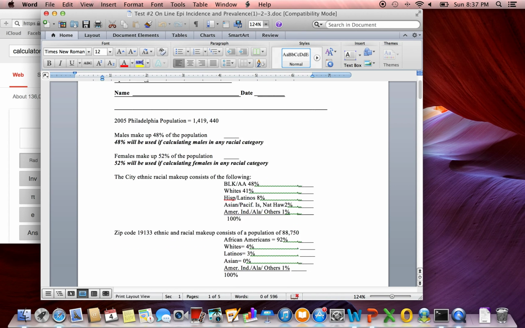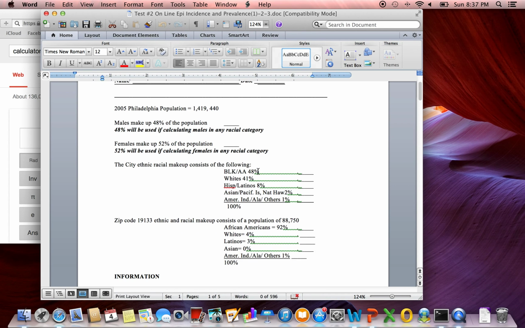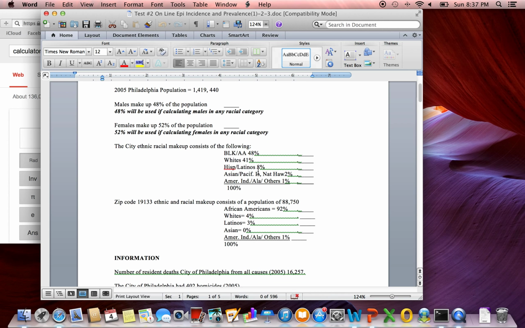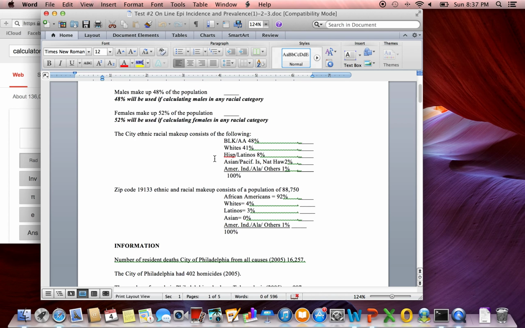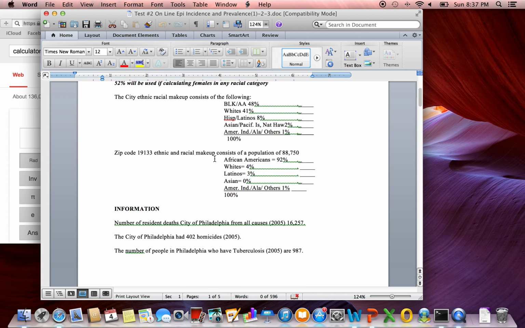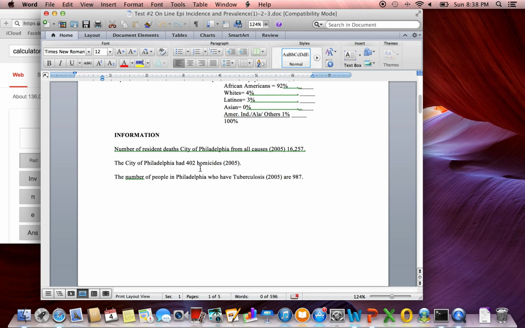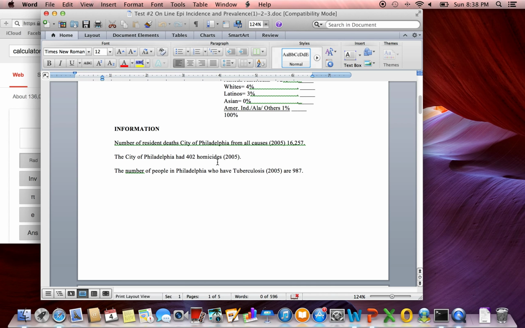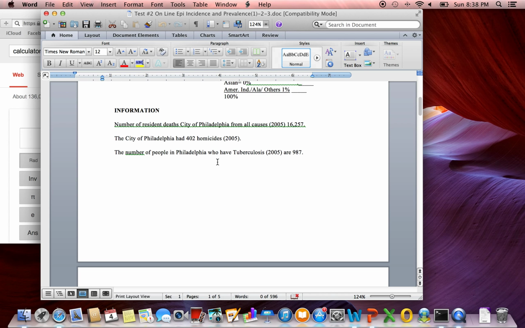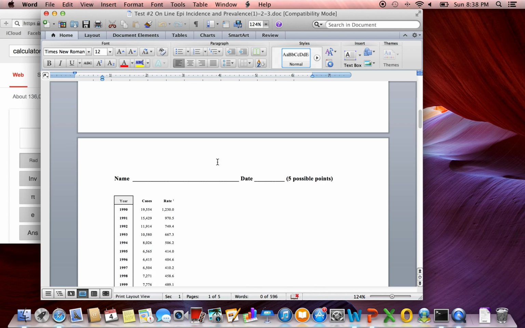Gives us the population of Philly, tells us the male and the female population, the ethnic racial makeup. So calculate out all these populations. This zip code 19133, that's West Philadelphia. So you can calculate these out, but you're actually not going to use these for the rest of the test. And then this information here is also additional information that we're not really going to need for the rest of the test.